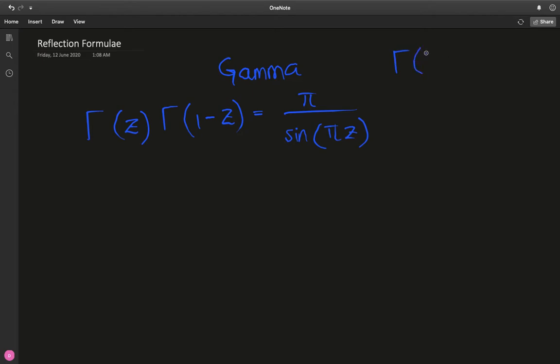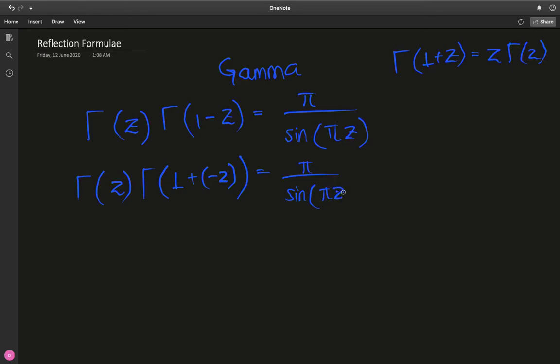But we know this formula that say we have a gamma of 1 plus z, this is just z times gamma of z. So similarly we can write gamma of z, and we can write this 1 minus z as 1 plus negative z, and we can use this formula on this second factor.